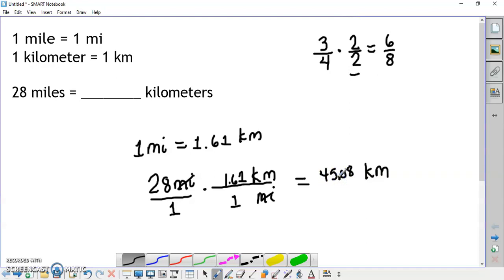Therefore, 28 miles equals 45.08 kilometers, and 28 miles is approximately 45 kilometers.